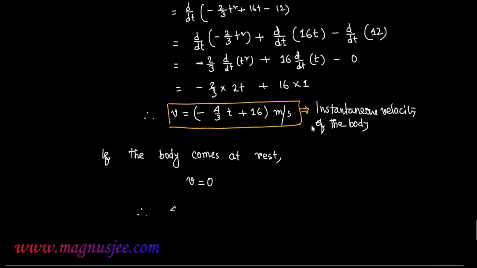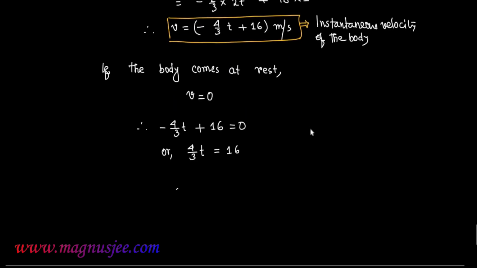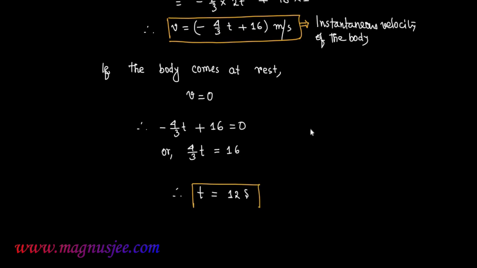Therefore minus 4/3 into t plus 16 is equal to 0, or minus 4/3 into t is equal to 16. So what will be the value of time? t will be how much second? 12 second, no? 12 seconds. So at the end of 12 seconds the body will come at rest.